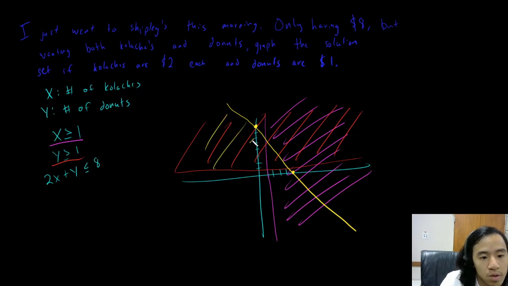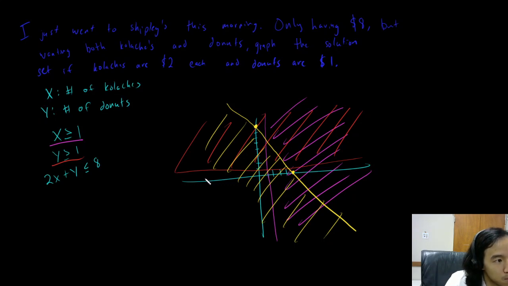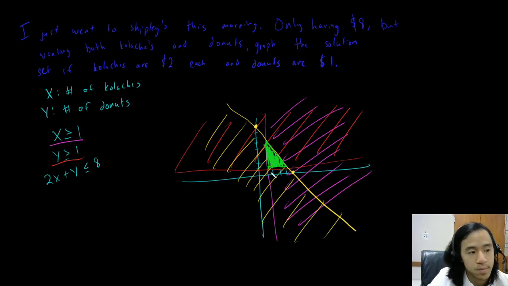And it's less than or equal to, so it's over here. All right, so our solution set, I'm gonna graph in green, is right here. So these are all the possible solutions to our system of inequalities, right in this green area. And that's all you have to do. So let's go ahead and keep going to the second example.